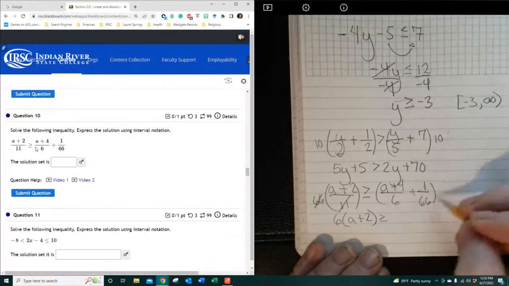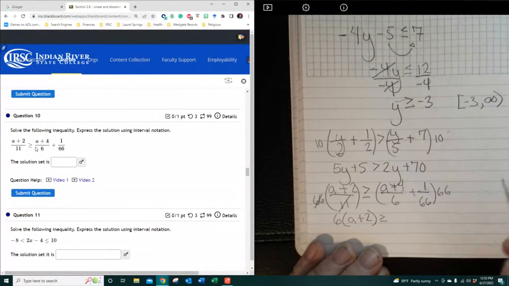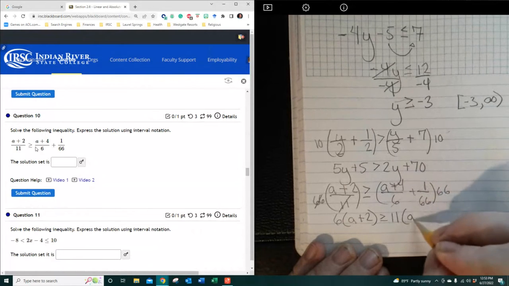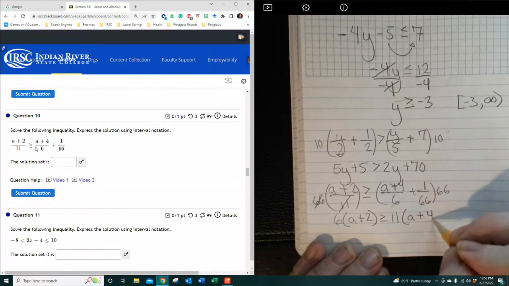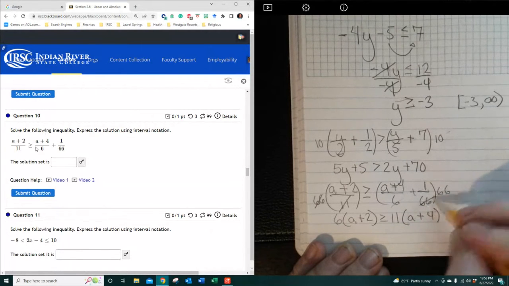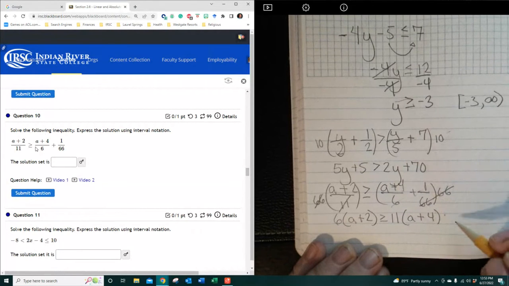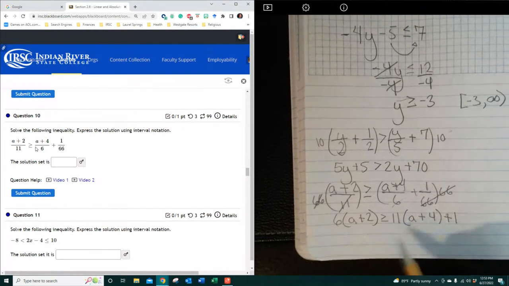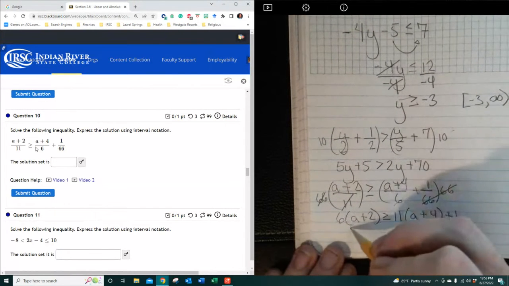And when you multiply this side as well by 66, 6 goes into 66 11 times. So you're going to put 11 and then open parenthesis A plus 4. And then 66 goes into 66 one time. So that's going to give us plus 1. So now you can do the distributive property.